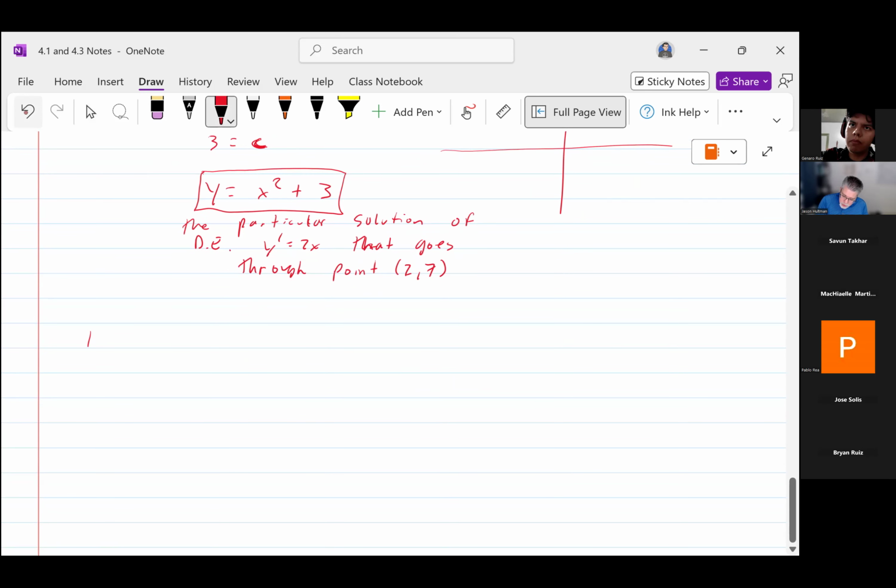Okay, let's talk about initial value problems.